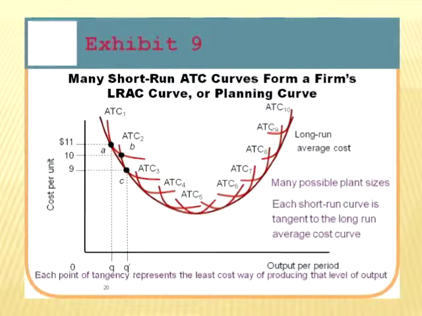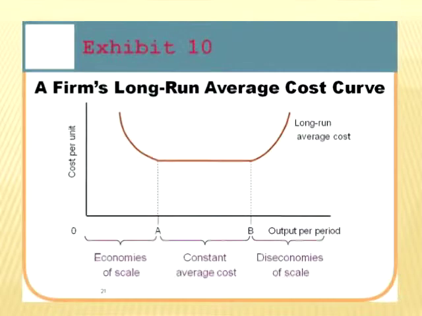So we could consider changing the size or scale of the plant, each one of which has its own average total cost curve. And we would see that at least initially cost would drop, but then ultimately cost would begin to go back up again.